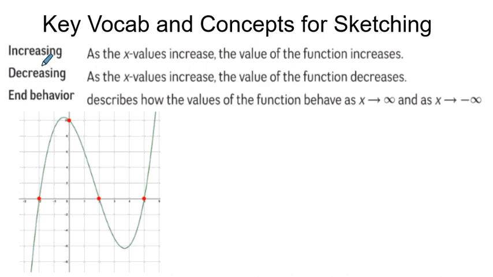So the other three terms are increasing, decreasing, and end behavior. So increasing, as the x value increases, the value of the function increases. That is a fancy way of saying it has a positive slope. So if left to right, it goes up. And as the x value increases, the value of the function decreases, that is describing decreasing.